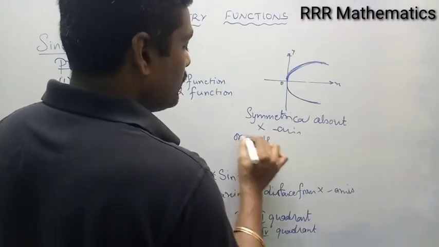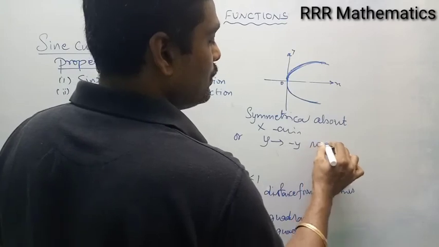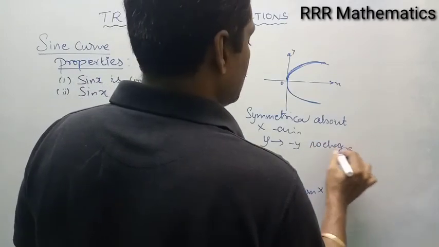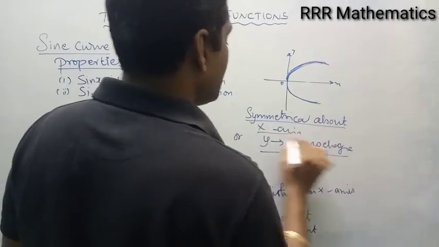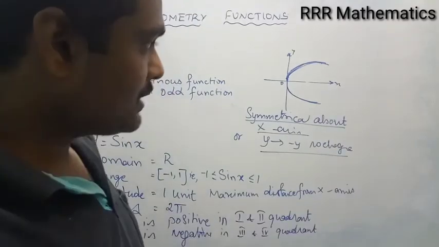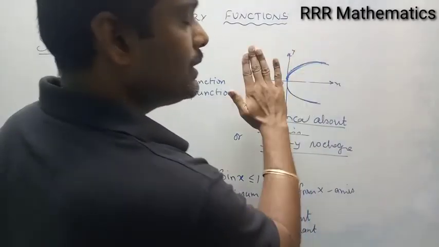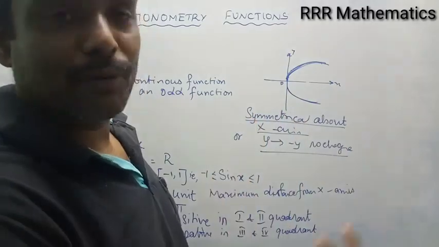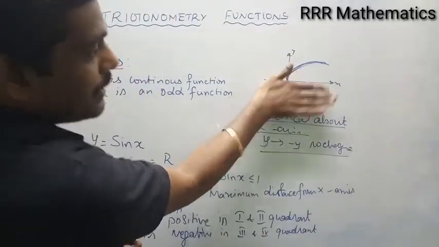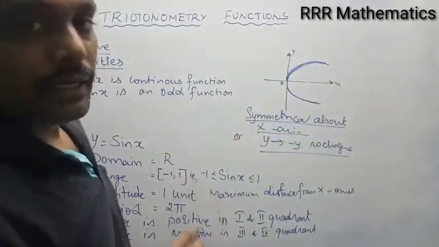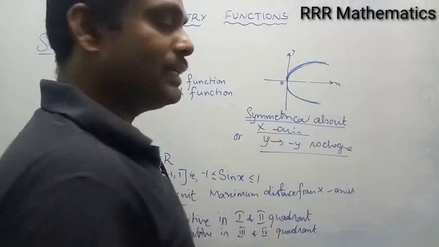Or when you replace y by minus y and there is no change in the function, then it is symmetrical about the x-axis. So when you fold vertically and it coincides, it is symmetrical about the y-axis. When you fold horizontally and it coincides, it is symmetrical about the x-axis.